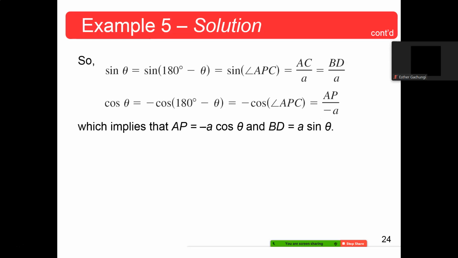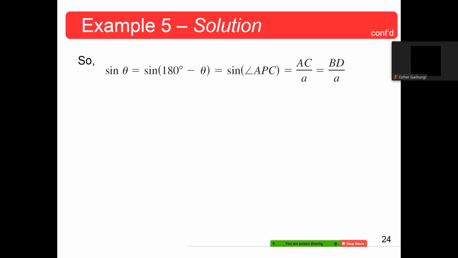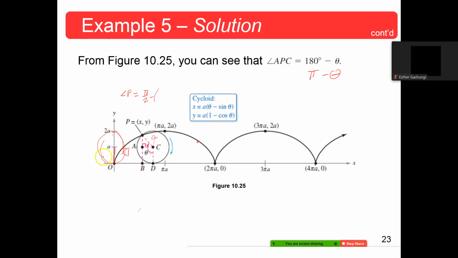Cosine is just simply, now that is another issue. Cosine theta is minus the cosine of 180 minus theta, okay? And that's AP over A. If this is the angle, the adjacent side is this one, and there's the hypotenuse.